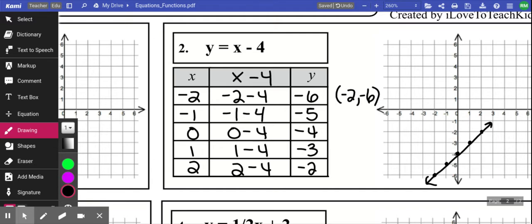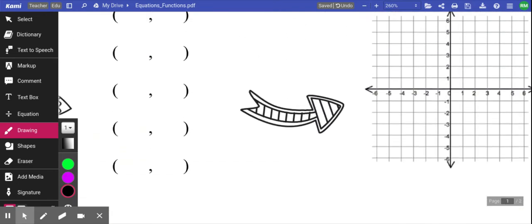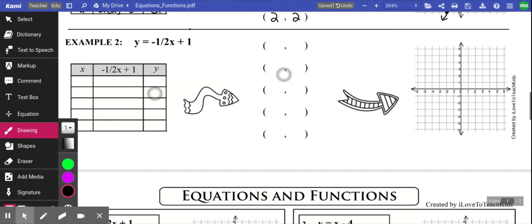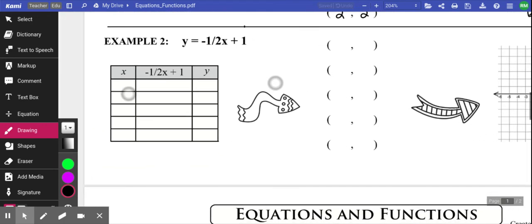Have that all. Okay, perfect. And now we're going to go back up to the one that has the fractions. So that second example.